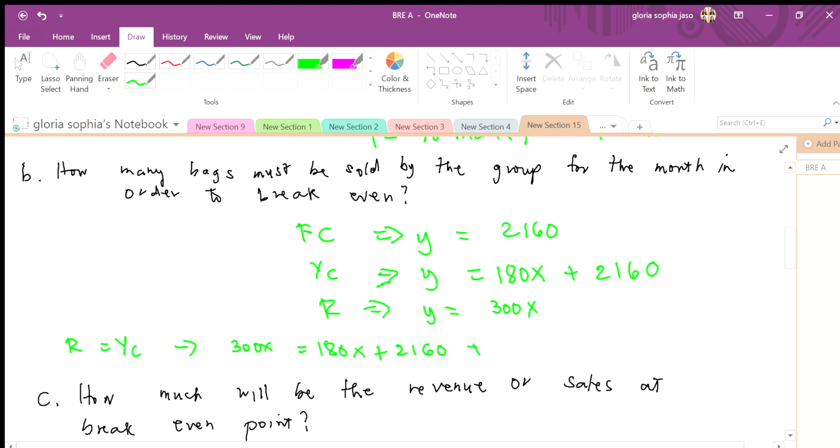Simplifying, 300x minus 180x, that is 120x equals 2,160. Then divide both sides by 120, we will get 18 bags. Okay, so this is the number of bags to be sold in order to break even.